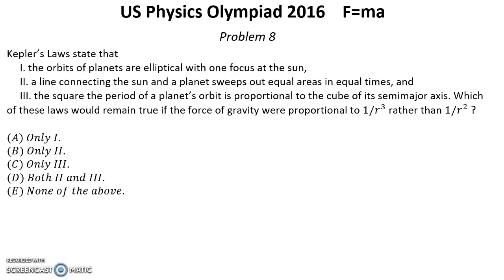And the third law, the square of the period of the planet's orbit is proportional to the cube of its semi-major axis. Which of these laws would remain true if the force of gravity were proportional to 1 over r cubed rather than 1 over r squared?